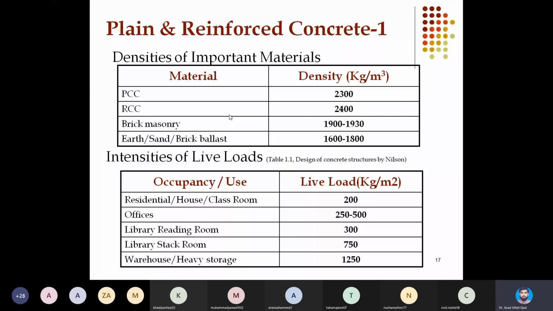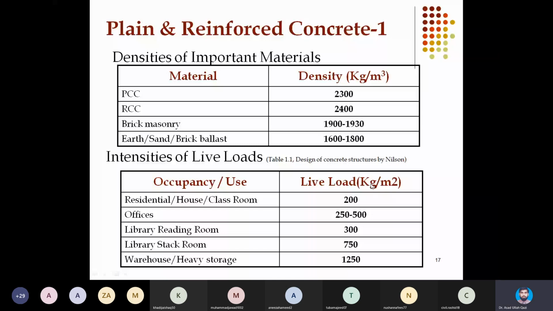Second important is the live load. In live loads we have residential, house and classroom loads. Like in the civil department, I would say, if students are present on the first floor slab, the live load used will be 200 kg per meter square. So here the load is given in terms of pressure, load per unit area.